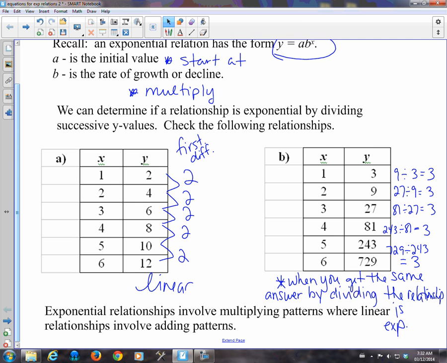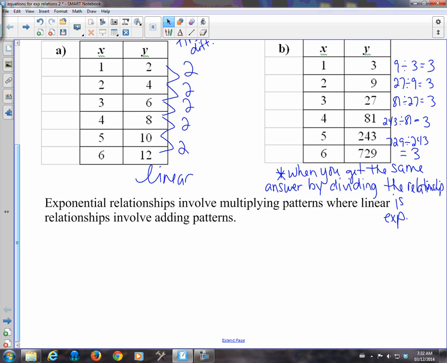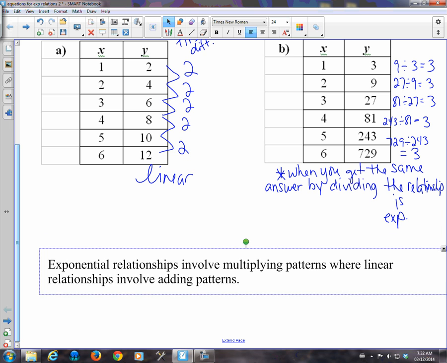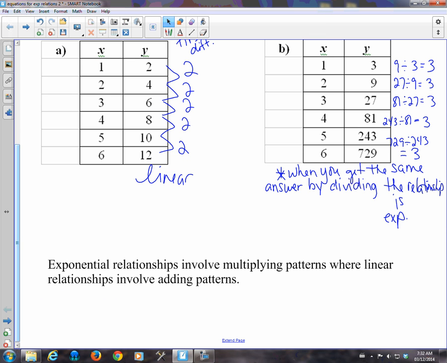It's an exponential relationship. Exponential relationships involve multiplying patterns, and linear relationships involve adding patterns. So you're increasing by the same amount if it's linear, and you're multiplying by the same amount if it's an exponential relation. So that's how you can tell the difference from a table.